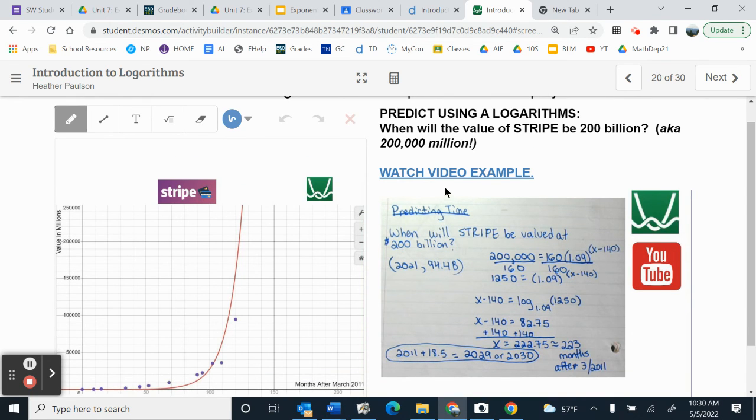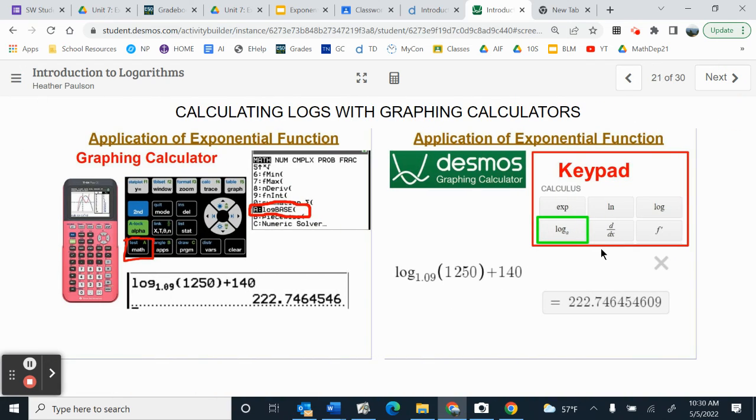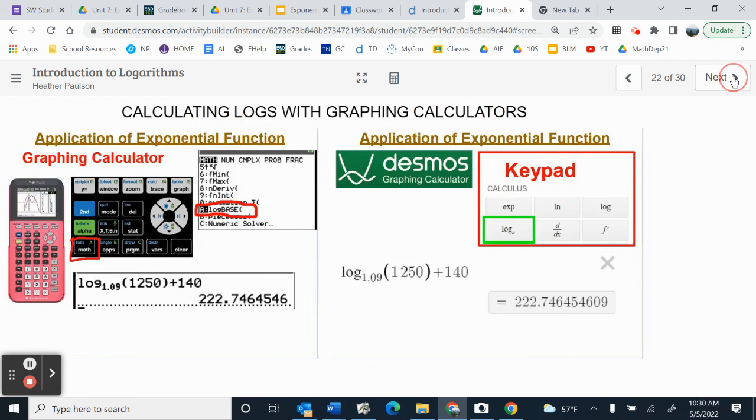So please watch this video as I walk you through in my notebook how to solve with logs. And then here are the images for how we find logs in Desmos. I also show you how to do this in the video that you're going to watch in slide 20.